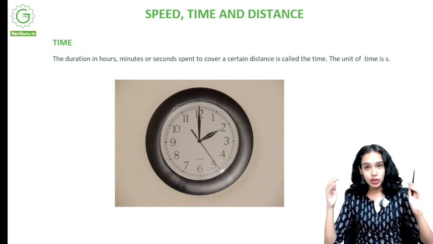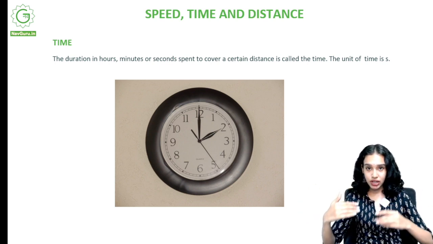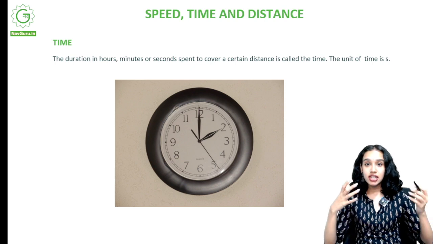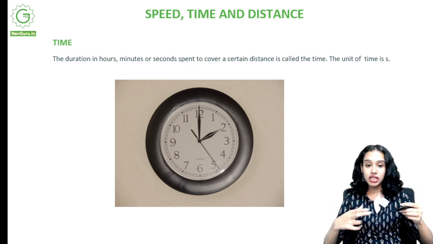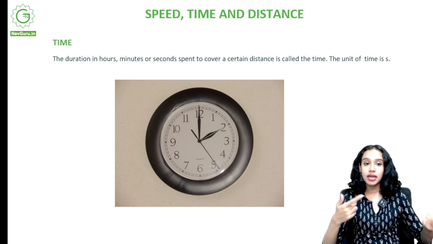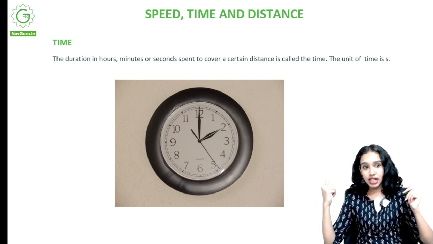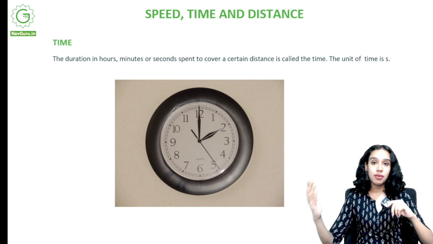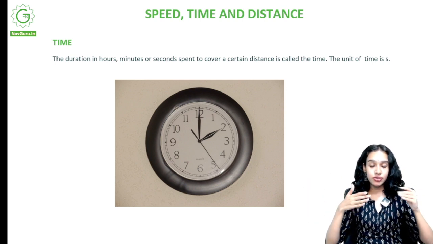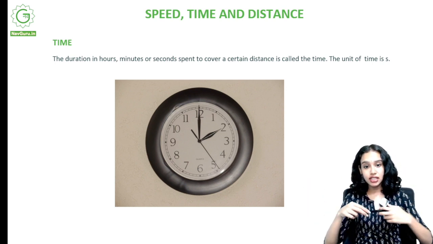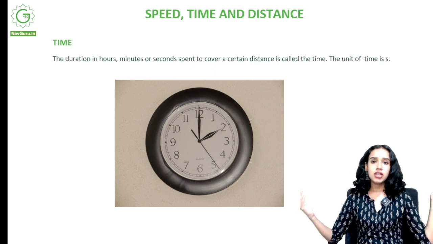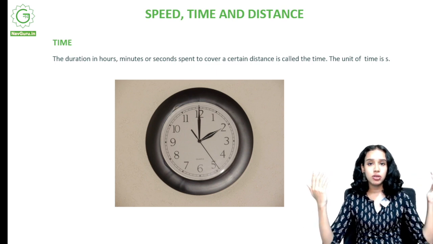Or otherwise, if I'm traveling from one place to another, the duration it takes for me to reach there from here is called the amount of time for traveling, right? This is the concept of time, and the standard unit of time is the second. We all see a clock: we know the hour hand, the minute hand and the seconds hand.